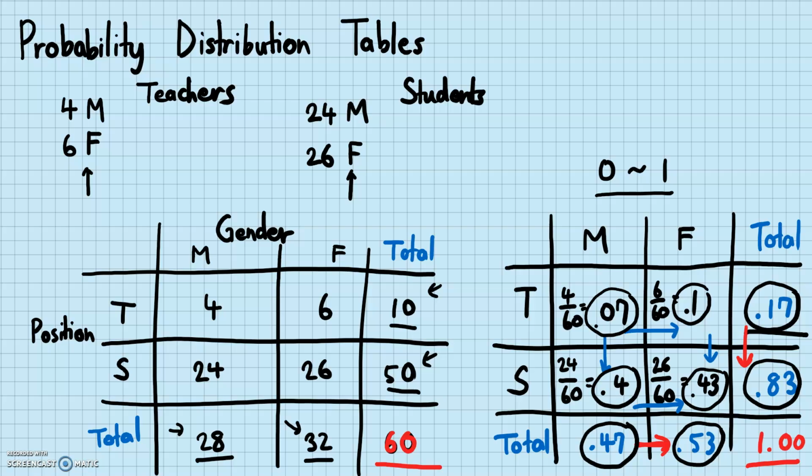And actually, as the data gets bigger and bigger, the probability distribution is going to be more useful, because once the number gets too big, it's very hard to intuitively grasp the data, and probability is going to be much easier information to deal with. Okay, so this is how you can draw the probability distribution table given the data.